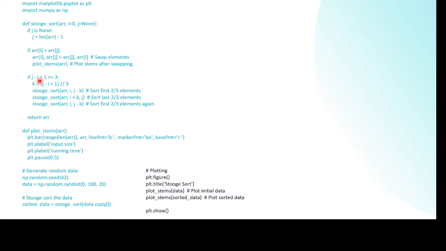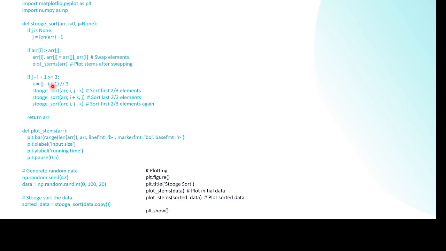If j minus i plus 1 is bigger than or equal to 3, meaning we have more than 2 elements in our array, we will create a sub array based on this recursion.